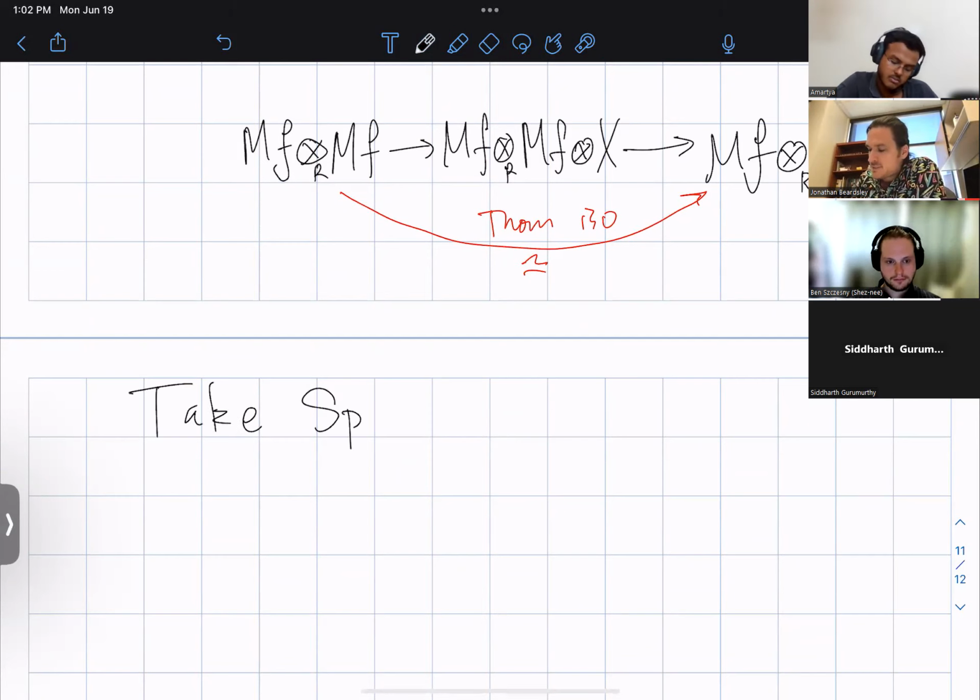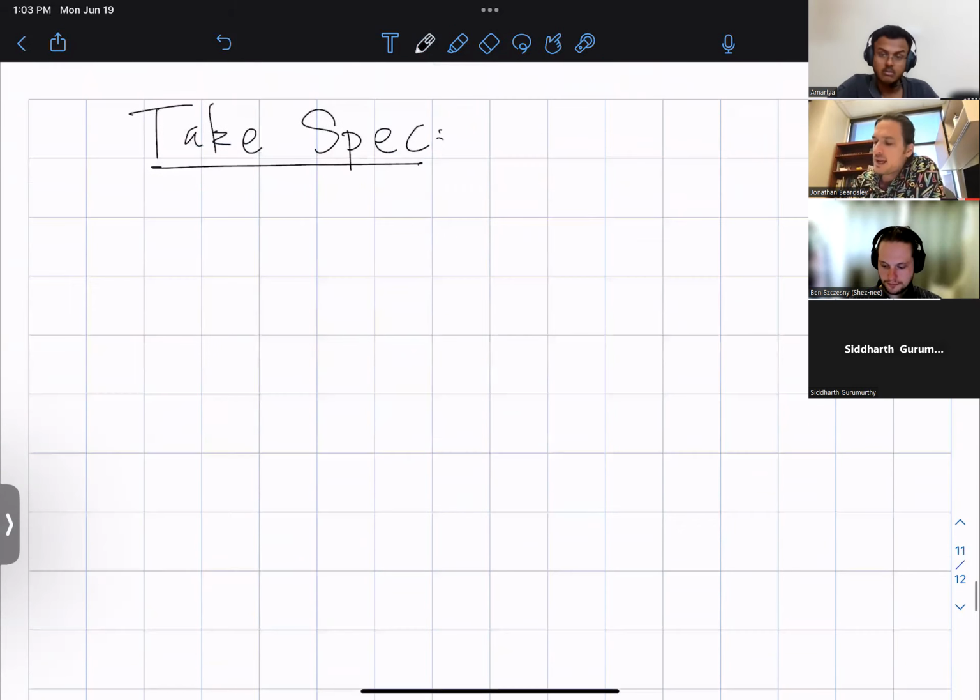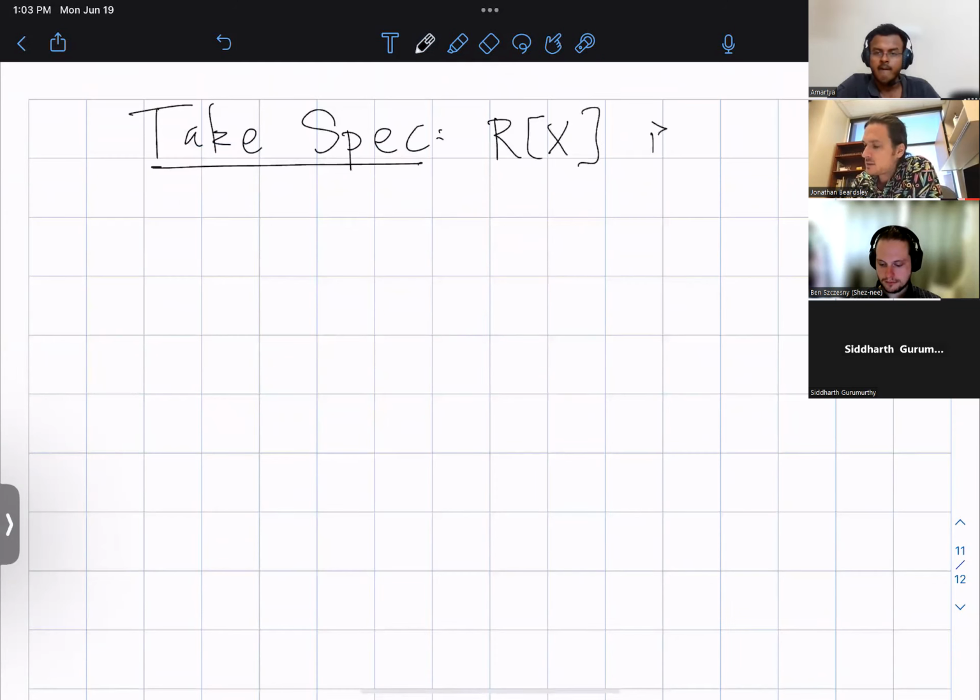But let's take spec and notice one thing, that Rx is, in this case, a co-commutative R bialgebra.